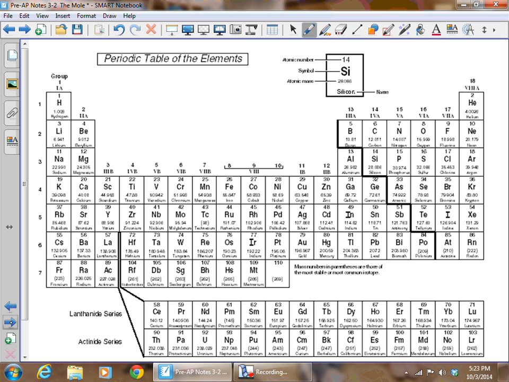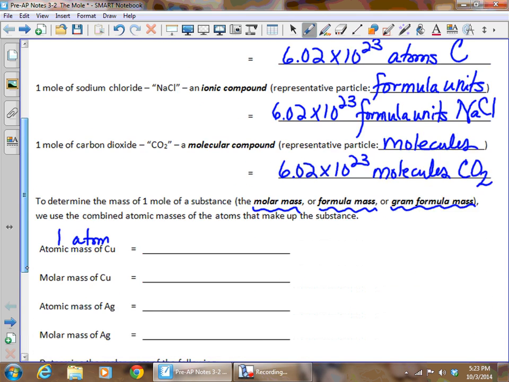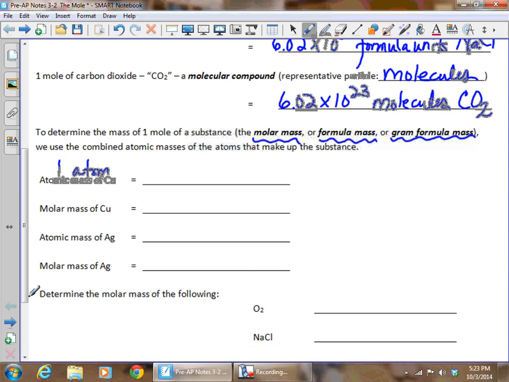Although it's kind of fuzzy here, if you look at your fold out chart that you have and look on the outside, you'll see that the atomic mass of copper is 63.546 AMUs.